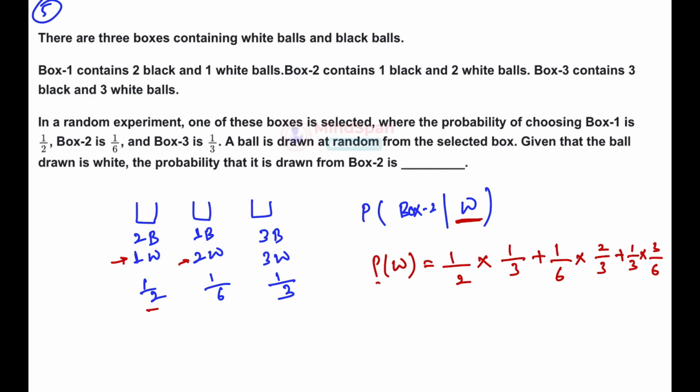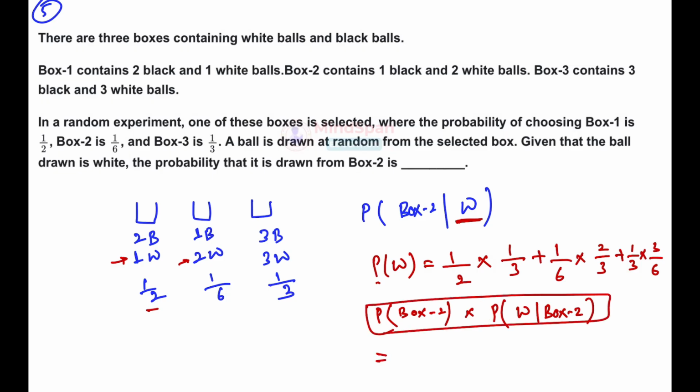So we need to find the probability of box 2: given that box 2 has been selected, what's the probability of selecting the white ball? So this is the event that will favor, right? So what will be this probability?